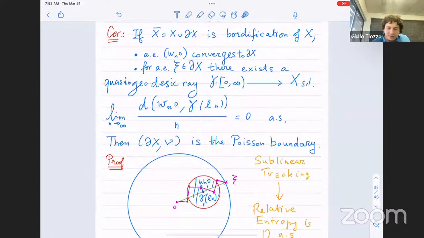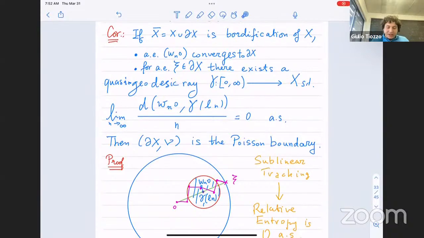So l is the drift. If gamma is parameterized by arc length, it makes sense that after n steps, your distance is roughly l times n. So that's why I put this l times n, just to find the right point on the geodesic. So if you have such a tracking property, then indeed this boundary that you have is a model for the Poisson boundary.